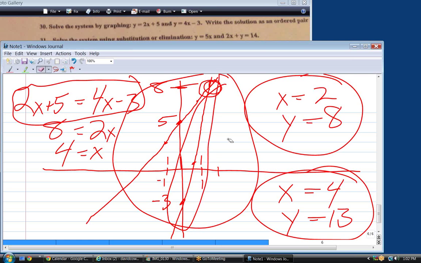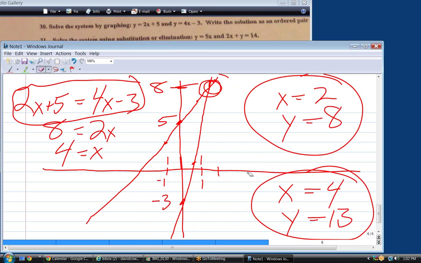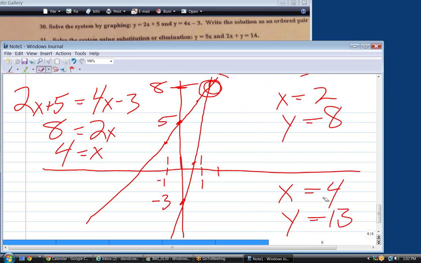So all of the mistakes that I can make approximating it, you wouldn't make on graphing paper. And when you read this intersection point, you would see that it's very, very close to where X is 4 and Y is 13. This value is actually 13, and this value is actually 4.